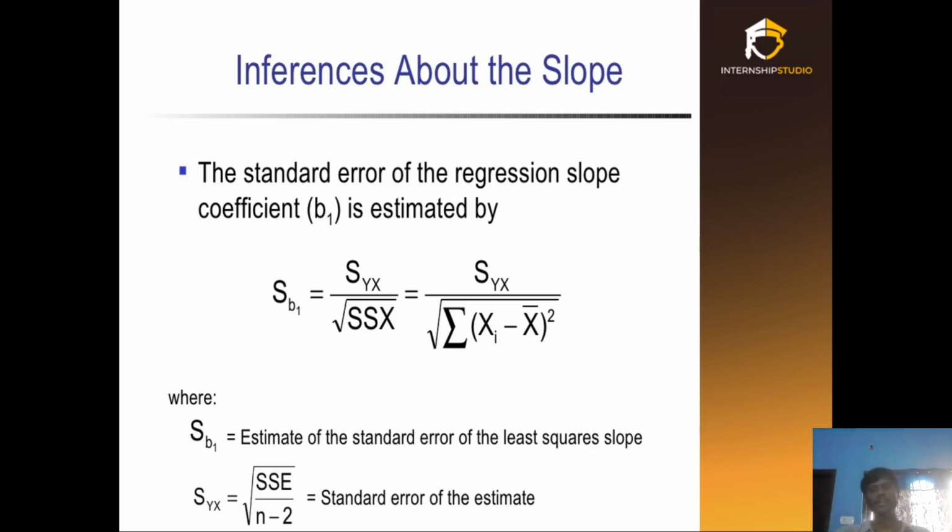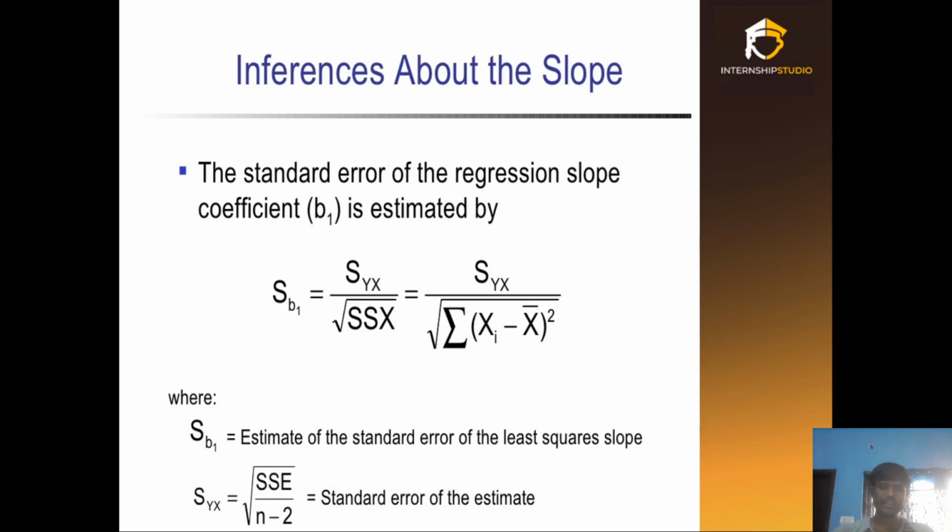And then regarding the inferences about the slope, the standard error of the regression slope coefficient, whatever the b1 is there, b1 is nothing but the slope that we were referring to, right?